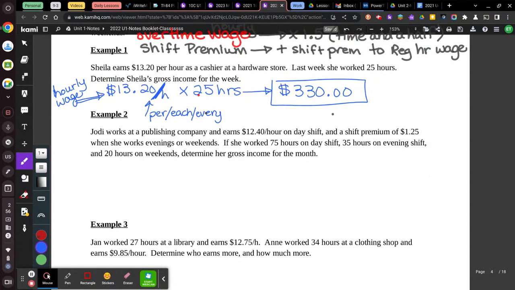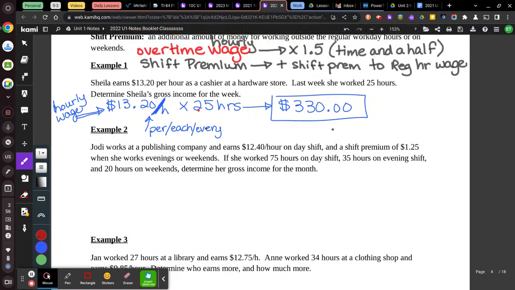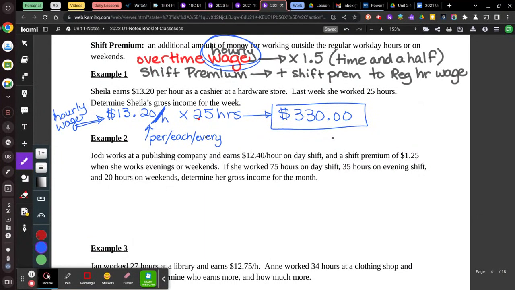So let's take a look at Jody. So now she's going to work a shift premium. So when we do questions like this, we need to find what's called our overtime pay. So our overtime hourly wage, like we discussed at the very top there, is either going to be multiplied by 1.5 or it's going to be adding a shift premium. It's going to be one or the other.